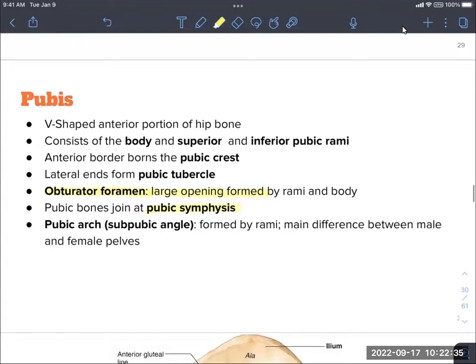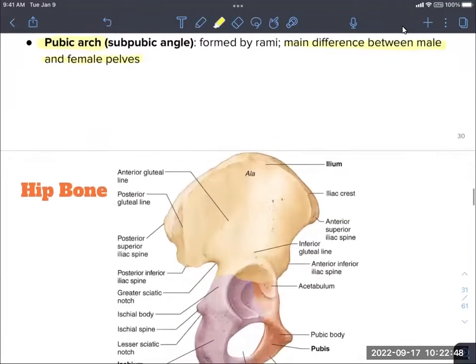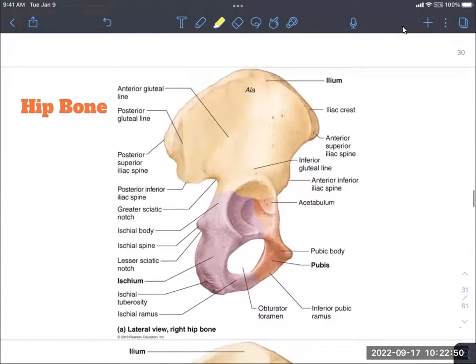In this pubic arch, we will look at this especially in lab, because the pubic arch is where you can tell the main difference between a male pelvis and a female pelvis. So here are the bones in different colors, so you can see which one is the ilium, which one is the ischium, and which one is the pubis.